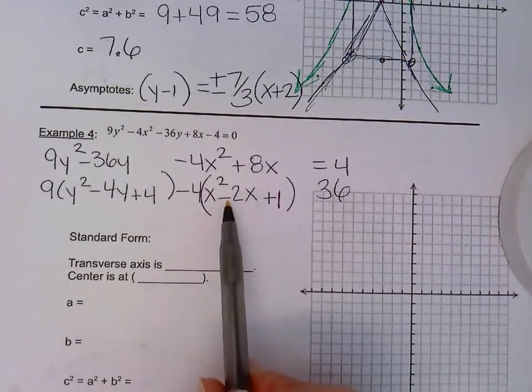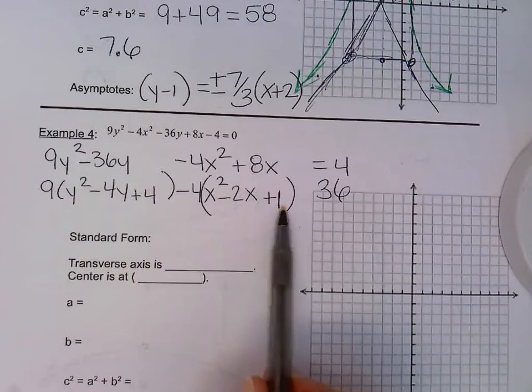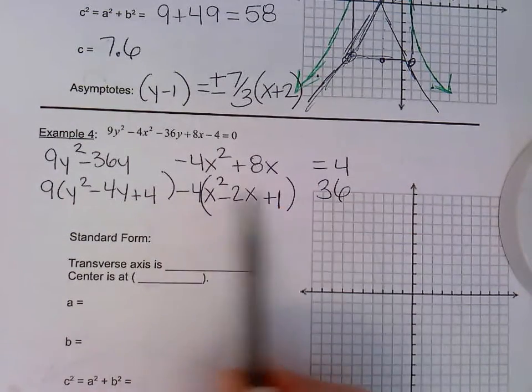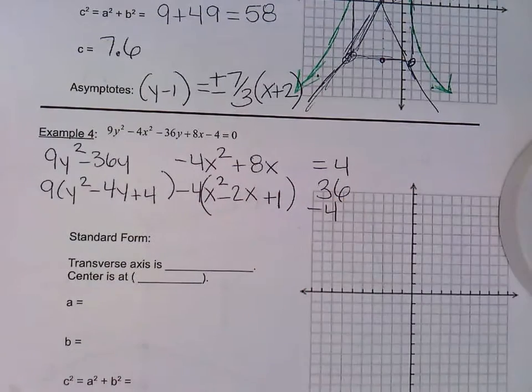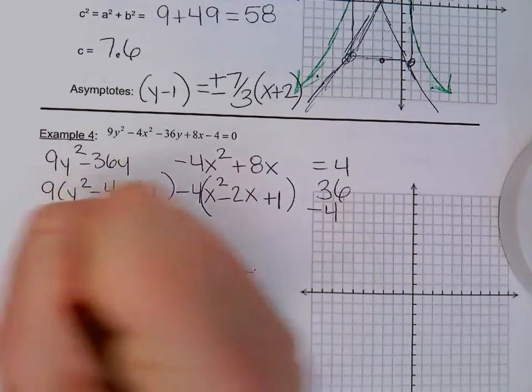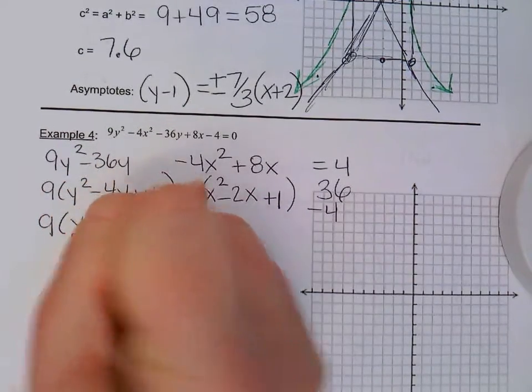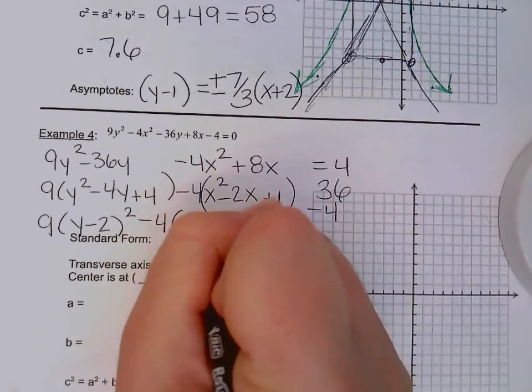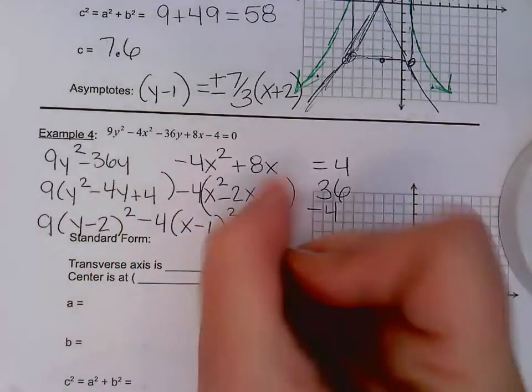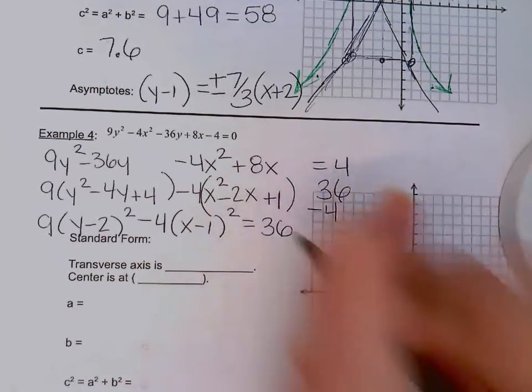Because negative 1 squared is 1. So you're adding a negative 4 to the other side of the equation. Negative 4 times 1 is negative 4. So see how that comes out to a nice 36 on the other side? So this is 9 times y minus 2 squared minus 4 times x minus 1 squared equals 36.